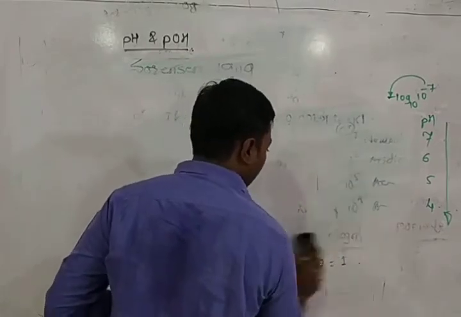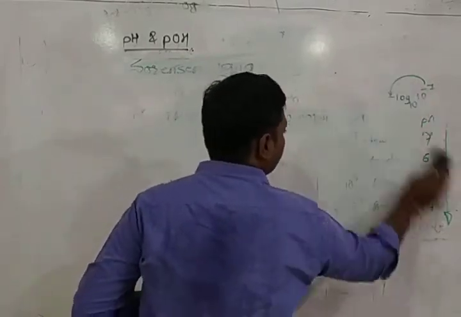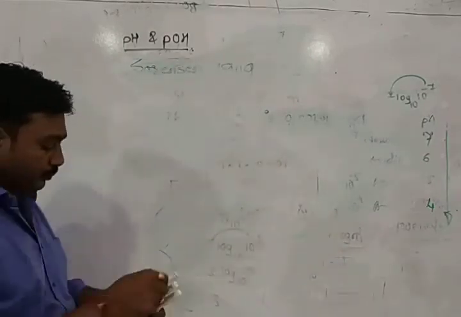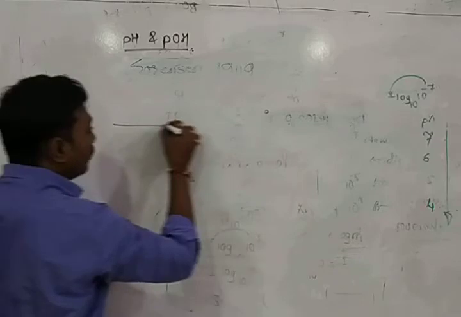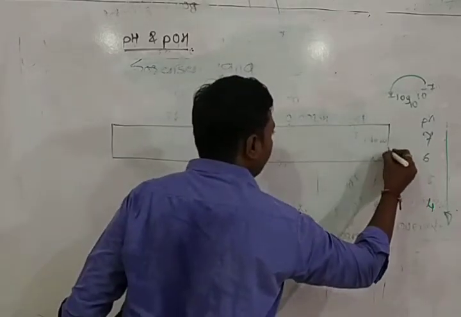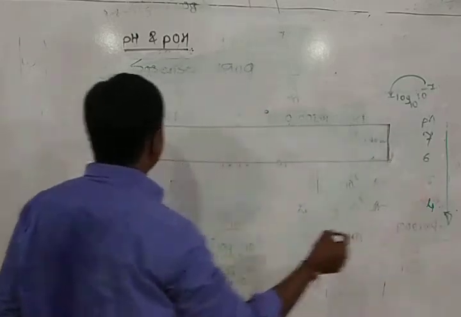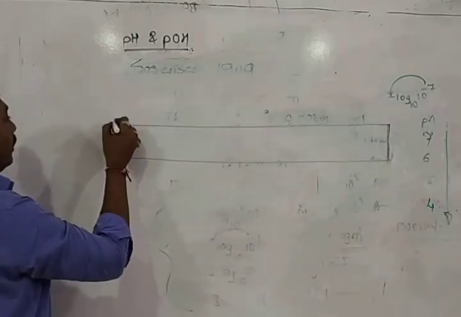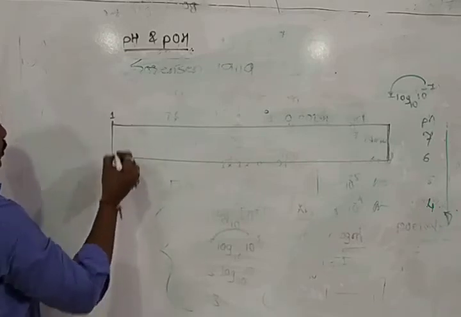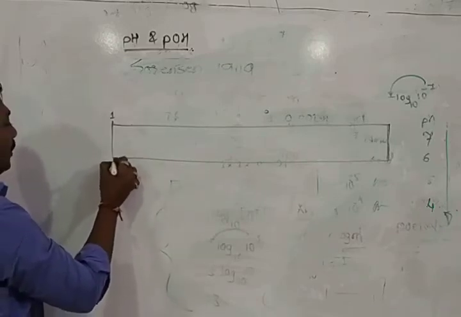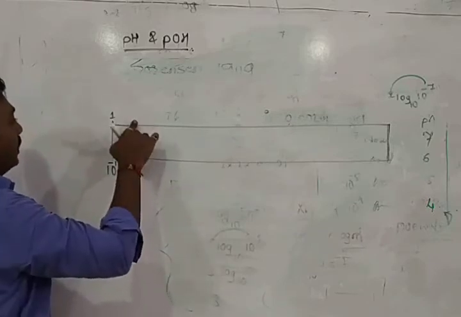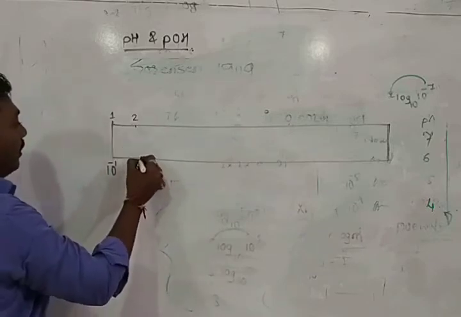Now look at the pH scale. If I write here pH 1, what will be the concentration of H plus? 10 to the power minus 1. Or pH 2, 10 to the power minus 2.